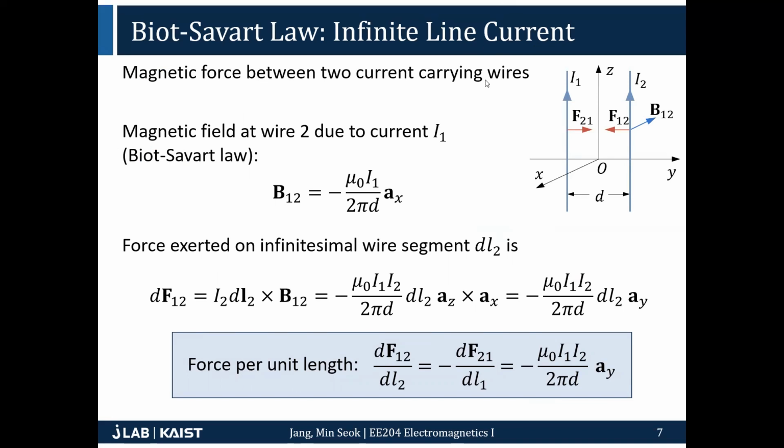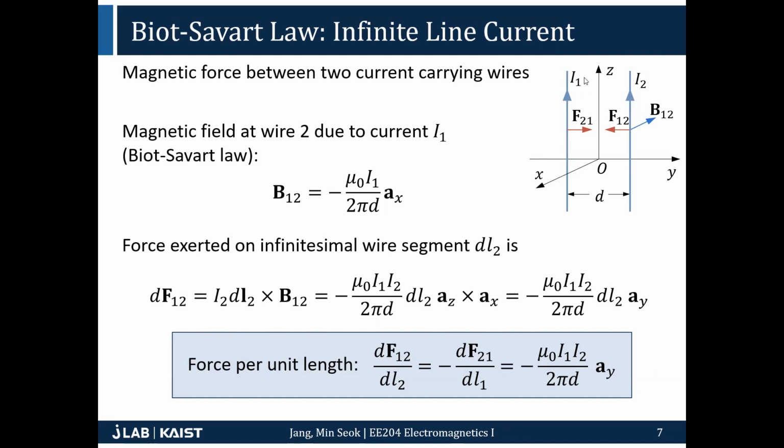If you have two current-carrying wires parallel with each other, how much force is going to be applied between them? Now this problem becomes pretty easy because you can exactly calculate the B field due to one of the wires. So the magnetic field at wire 2 due to the current I1, okay?